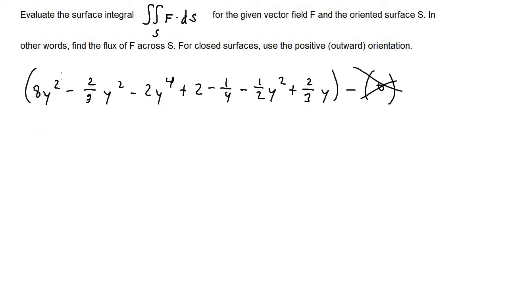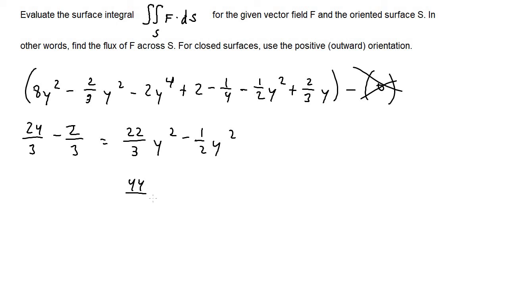Now since we do have a couple y squared terms here, I'm going to simplify and subtract those terms. So I can find common denominators here. 8 can be written as 24 over 3. So 24 over 3 minus 2 over 3 is going to be 22 over 3. So we have 22 over 3 y squared, and then we also have a minus 1/2 y squared. 22 over 3 can be written as 44 over 6.